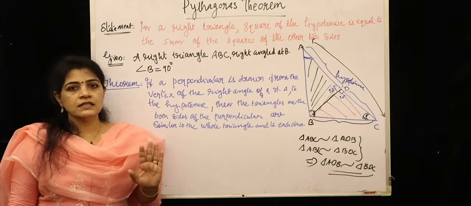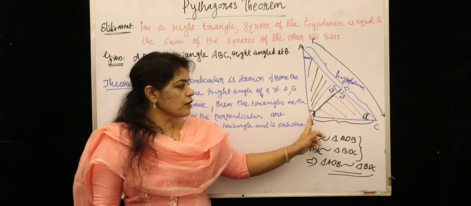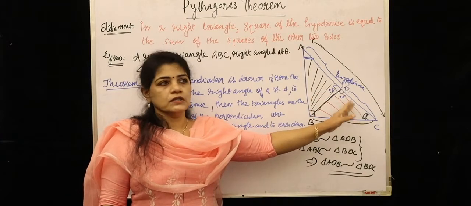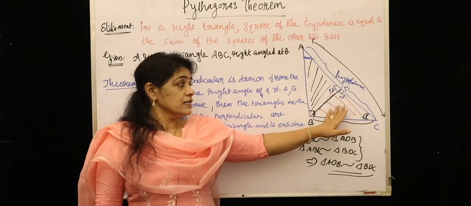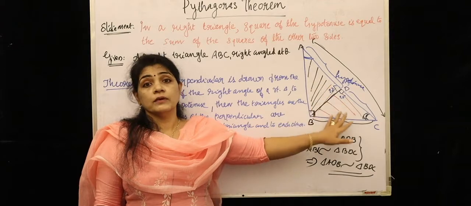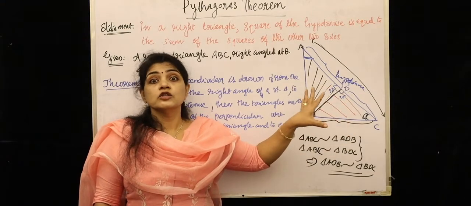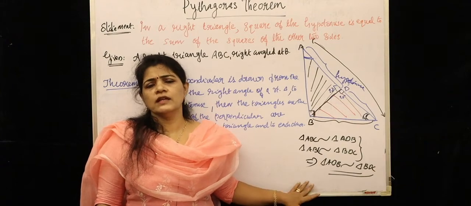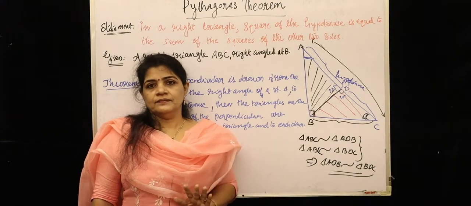Okay, that idea is clear, children: a perpendicular drawn from the right angle of a right triangle to the hypotenuse, then the right triangles on either side of the perpendicular will be similar to the whole triangle and similar to each other. It's a very, very important result.